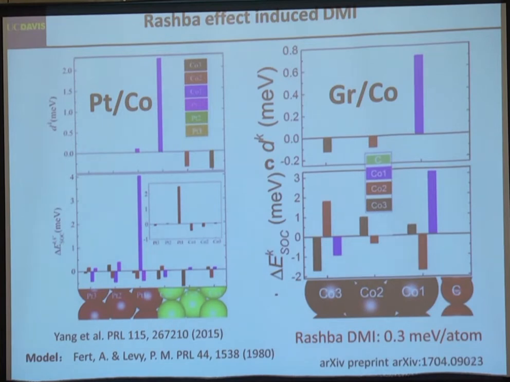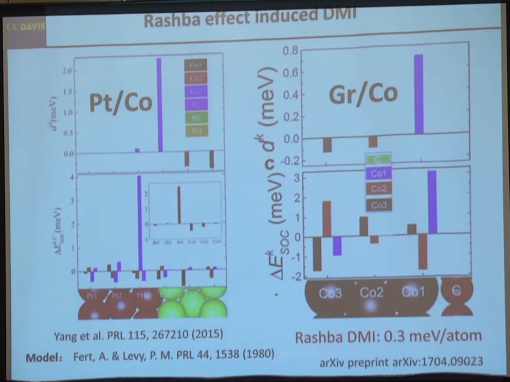And we do the same thing for the graphene cobalt case, where similarly the energy of the DMI is located in the adjacent first cobalt layer. However, the energy difference of the spin-orbit coupling disappeared in the graphene case, and it still locates within the cobalt. That means the model of the Fert-Levy mechanism proposed many years ago doesn't apply to this case.